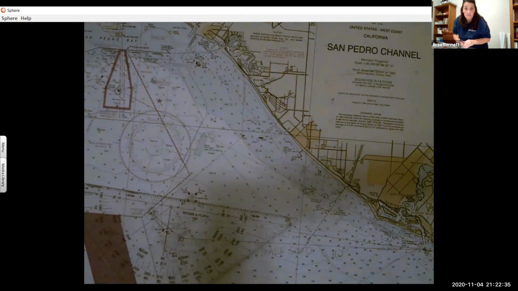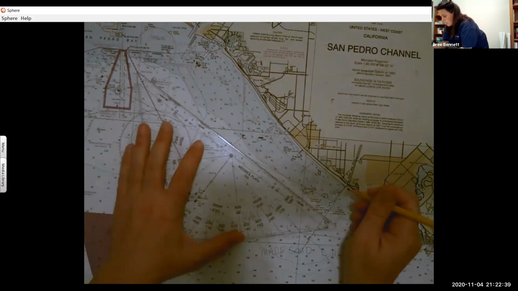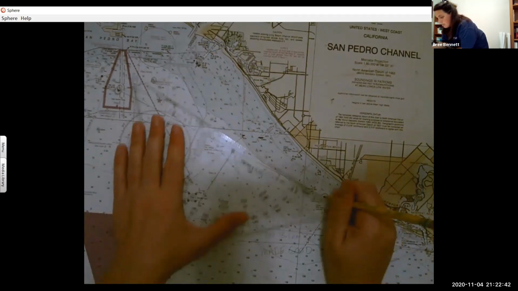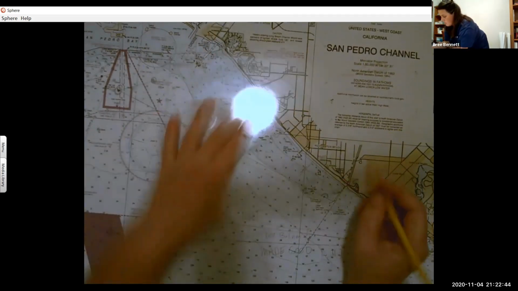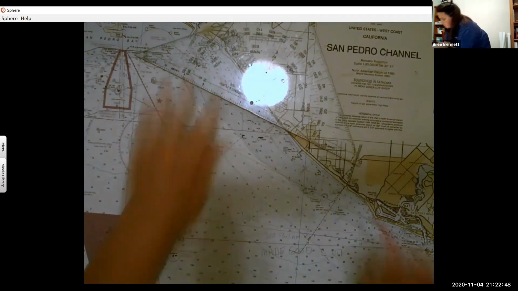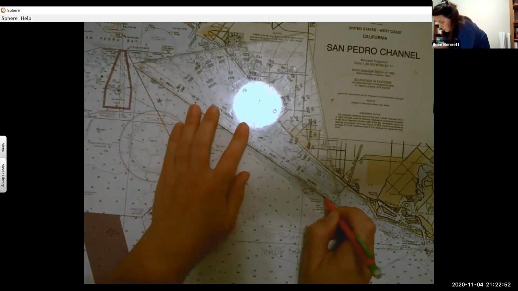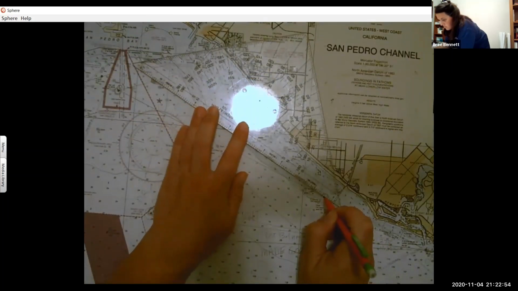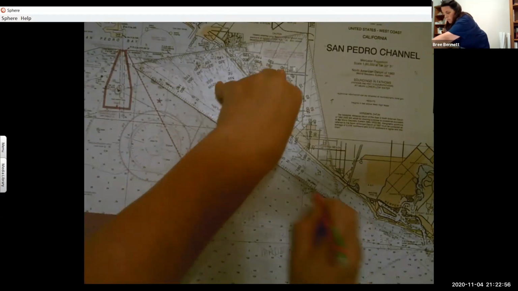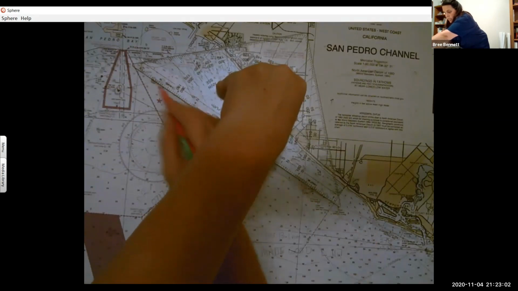For my set and drift line. And then I'm going to connect these two. Drawing a line. Let me draw it with a mechanical pencil. So we've created a triangle again.